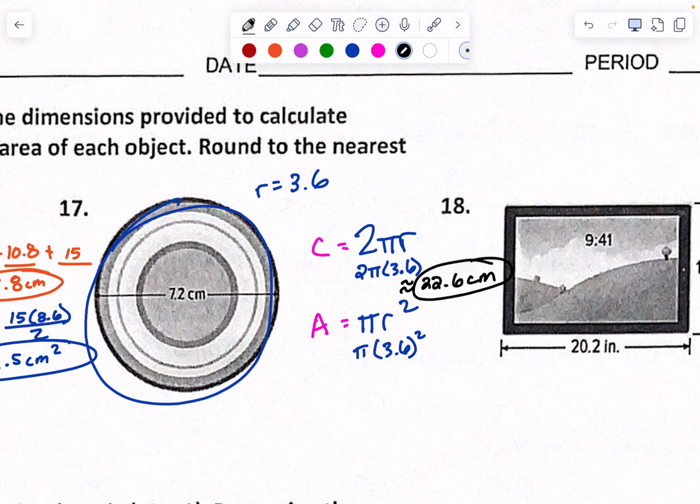That is the distance around. Circles are also easy because it's just one number. The next one is 40.7 centimeters squared. Perfect.